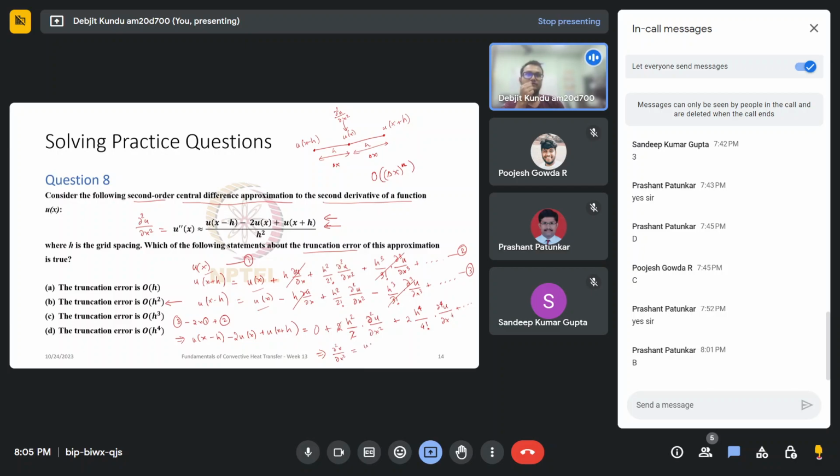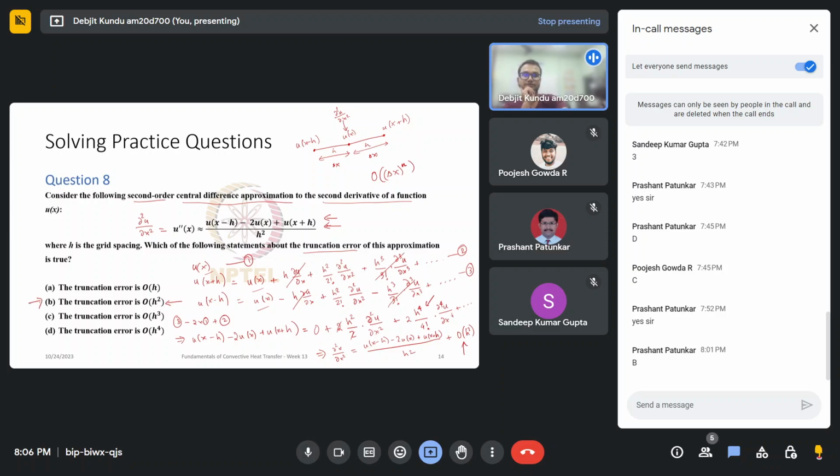So I'll get u(x-h) minus 2u(x) plus u(x+h) divided by h squared, and this term, which was h to the power 4, will be divided by h squared, so this would become order h squared and higher order terms. So all the rest of the terms would be smaller than that. So the leading order term over here is h squared. So that's why option B should be the correct answer.